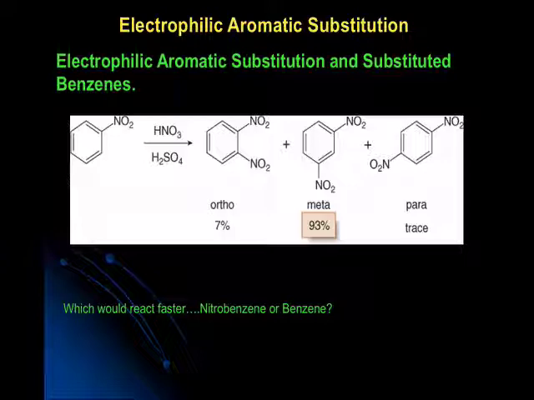On the meta. There's never a formal positive charge on the meta position when we have an electron withdrawing group on a benzene ring. Never. And electrophiles want to react where there is the most electrons. Now, this reaction is going to be slower than benzene, but nonetheless, there's still going to be more electrons at the meta positions because I never have a formal positive charge there. So that's where it's going to react.